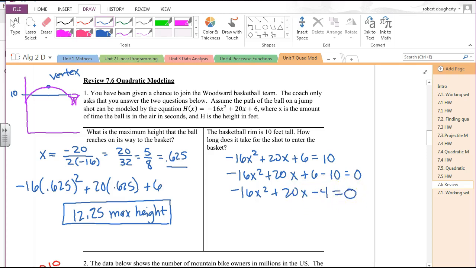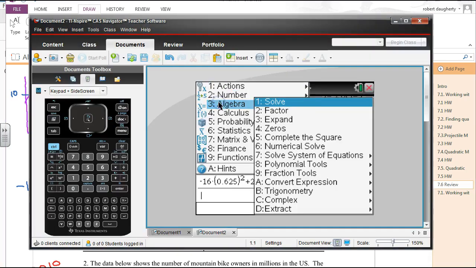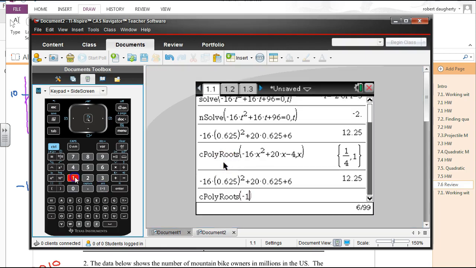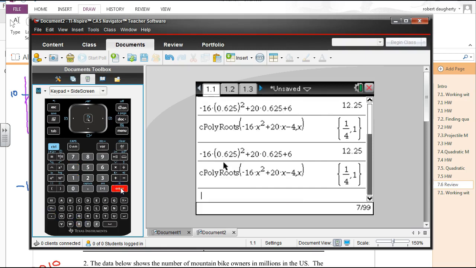That's where I'm going to go with my TI Inspire. So menu, algebra, polynomial, complex roots, negative 16 x squared plus 20x minus 4 and comma x. So solve that, and I get 1/4 and 1.